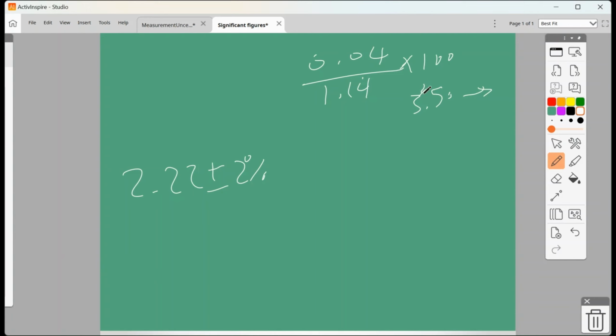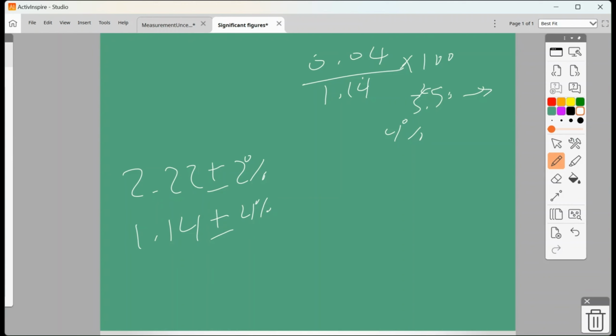So I will round to have one decimal place, that is 4%. So the answer is 1.14 plus or minus 4%.